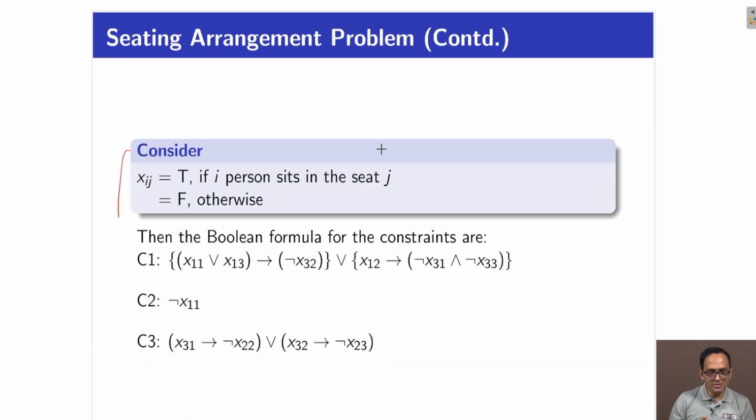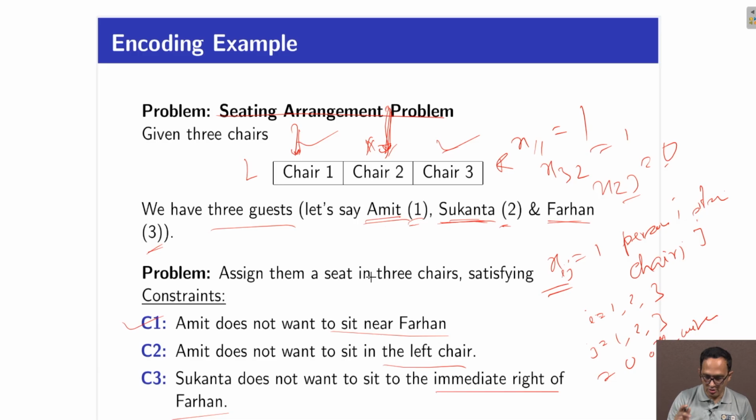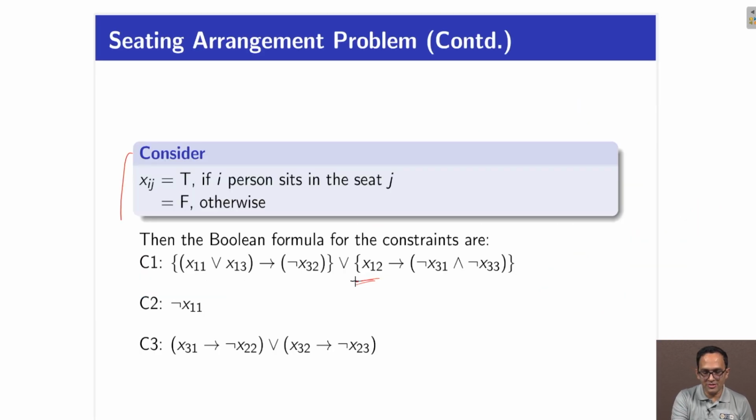So, how do I encode this? It is saying that if Amit sits in the middle seat, because 2 is the middle seat, so Amit is sitting here, then it implies Farhan will not sit here or here.